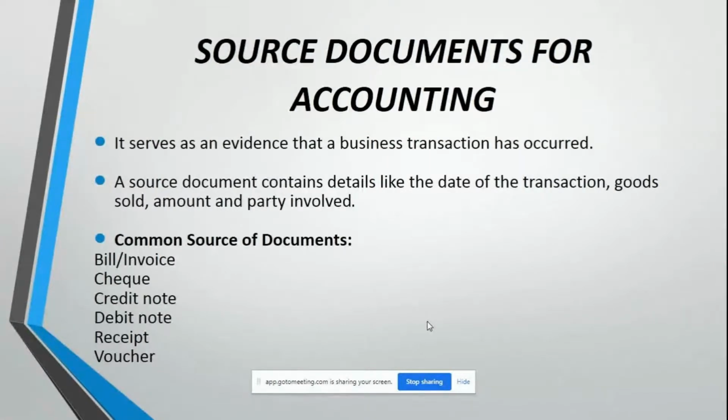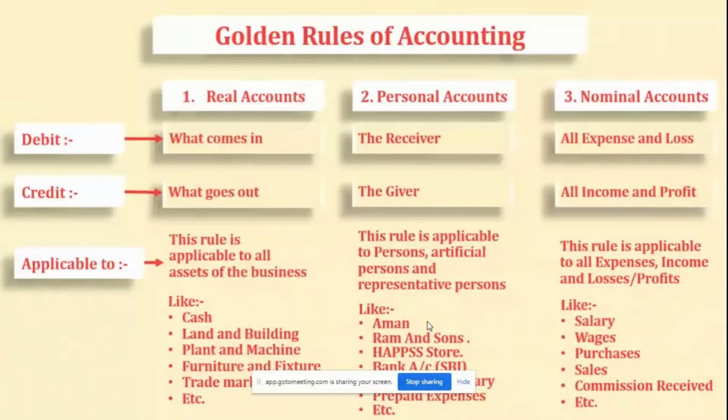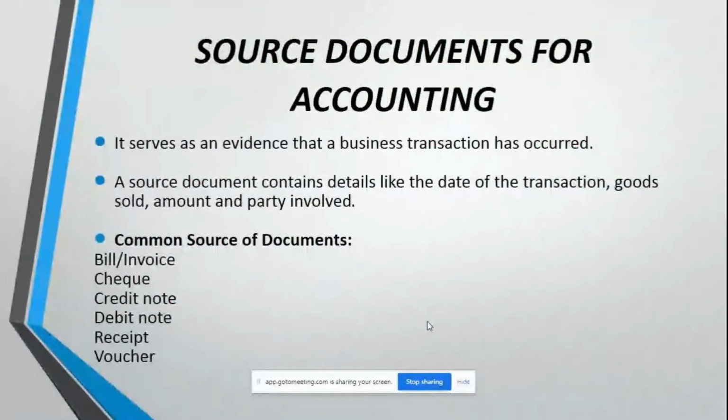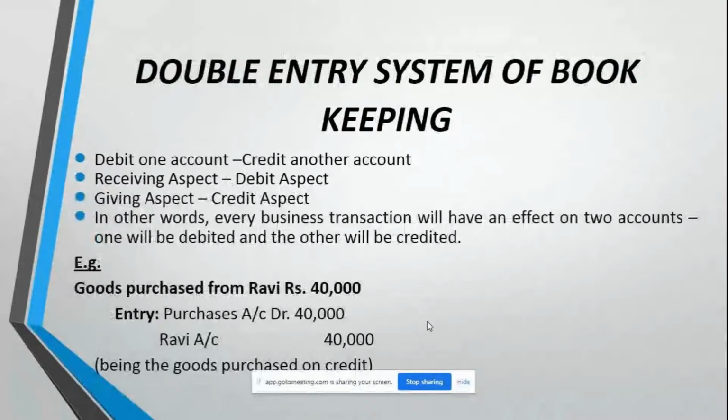So what we have done here is we have covered all the basics of accountancy. The golden rules, of course, I would discuss probably when we begin with the vouchers. If I discuss them now, I think it will be too early, because we have to start with the installation of the Tally software.